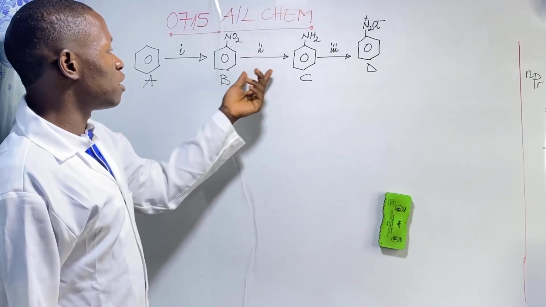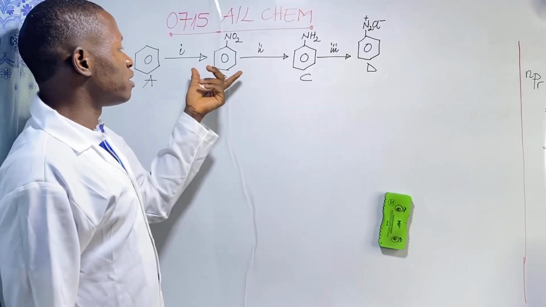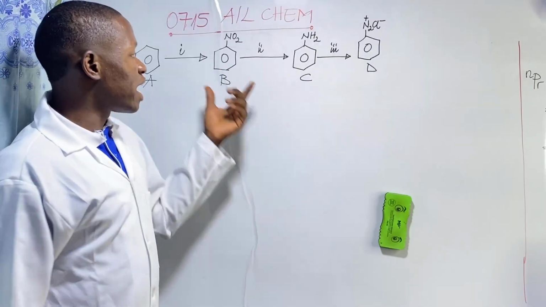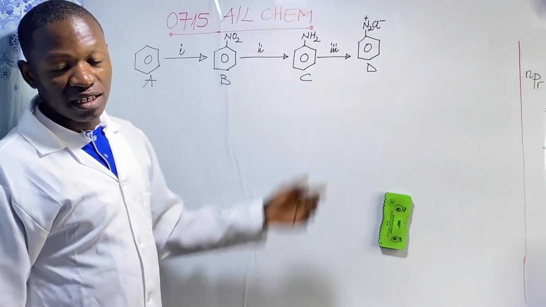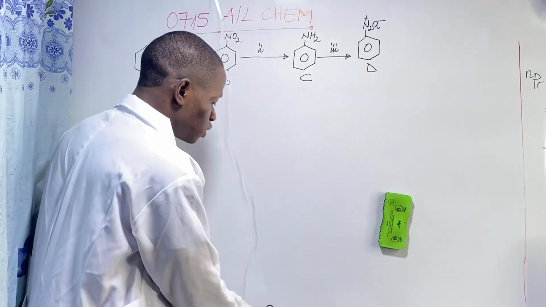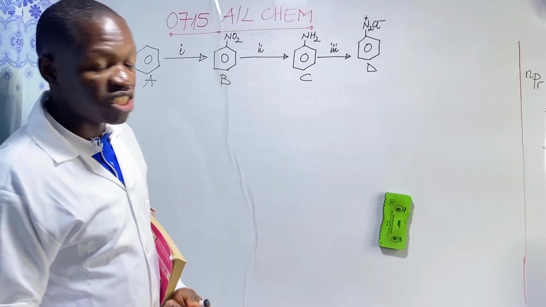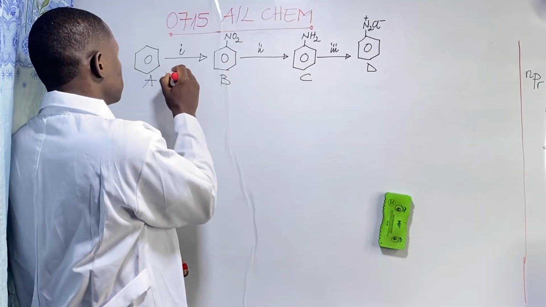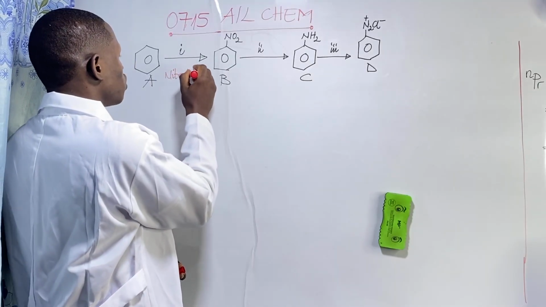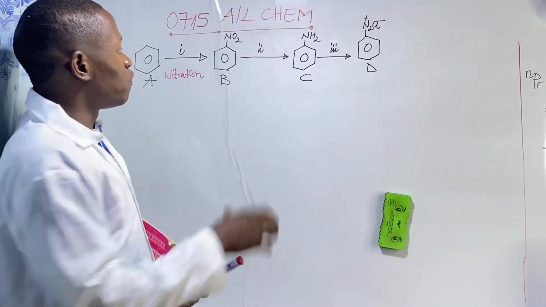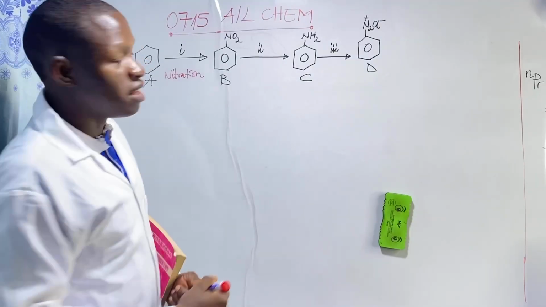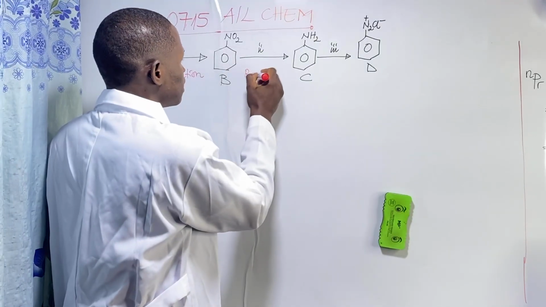Next, step 2, nitrobenzene to aniline. This process for step 1 is called nitration. Now, from nitrobenzene to aniline, the process is called reduction.